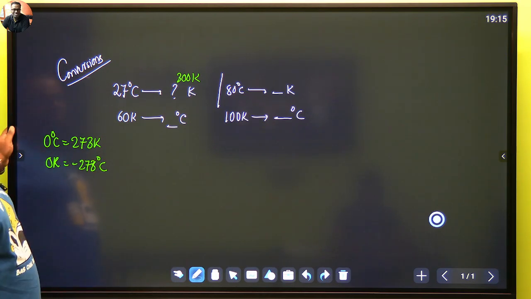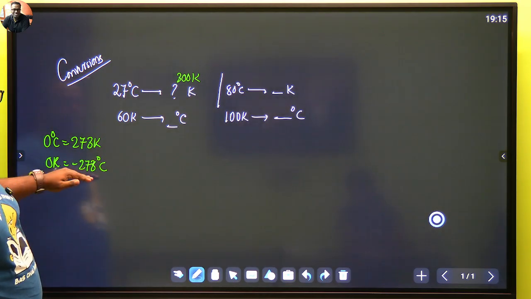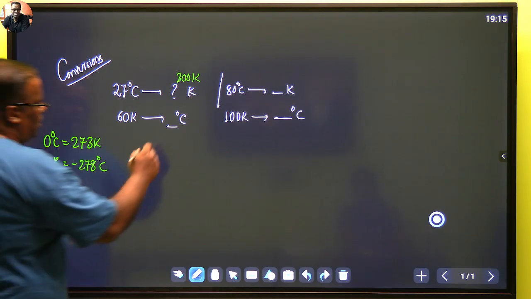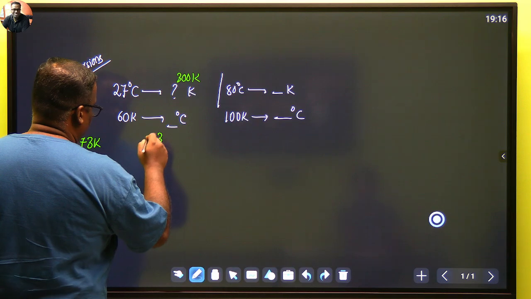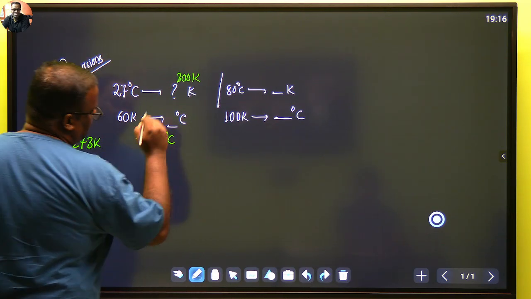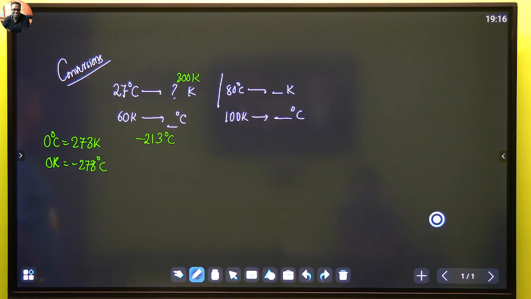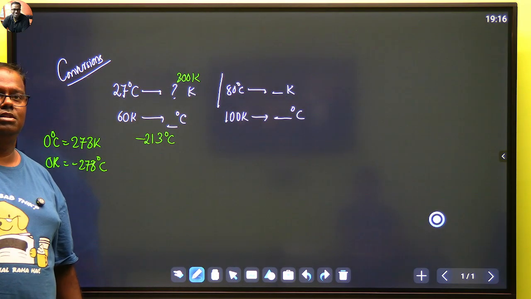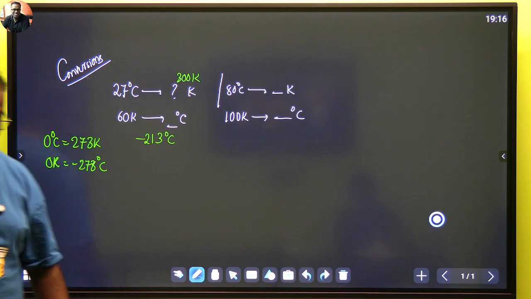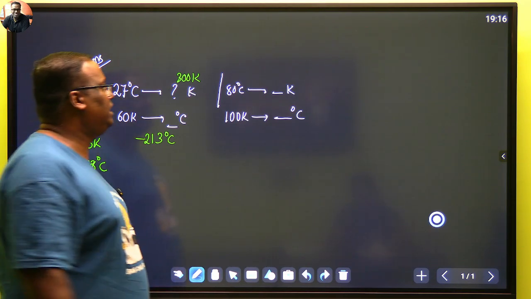So for 60 Kelvin, you are getting 60 above, so add 60 with it. If you add 60 with it, it becomes how much? It becomes minus 213 degrees Celsius. Not 213, minus. Next, 80 degrees Celsius.